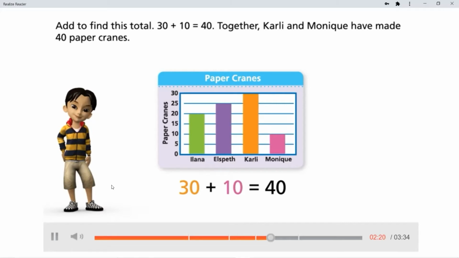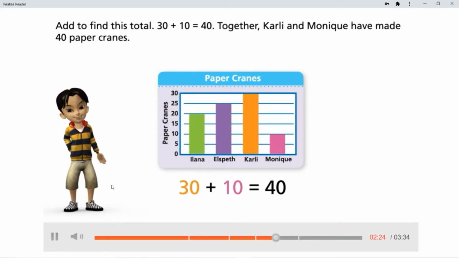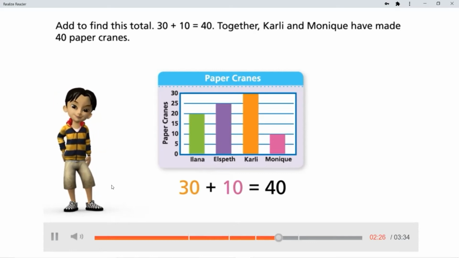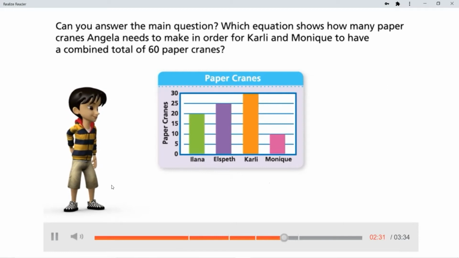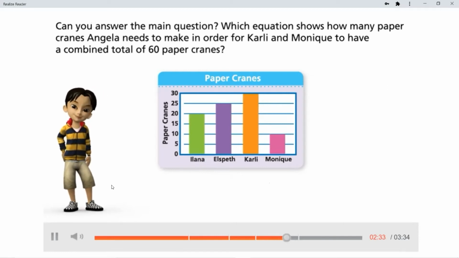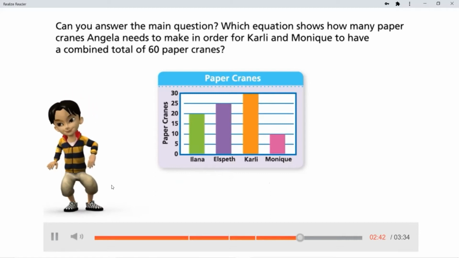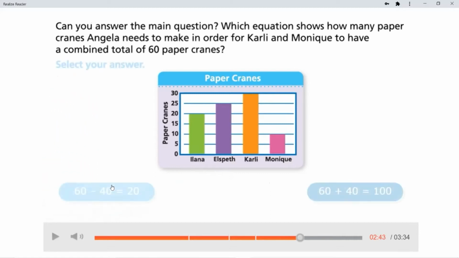Together, Carly and Monique have made 40 paper cranes. Remember, you still need to answer the main question. Can you answer the main question? Which equation shows how many paper cranes Angela needs to make in order for Carly and Monique to have a combined total of 60 paper cranes? Select your answer.